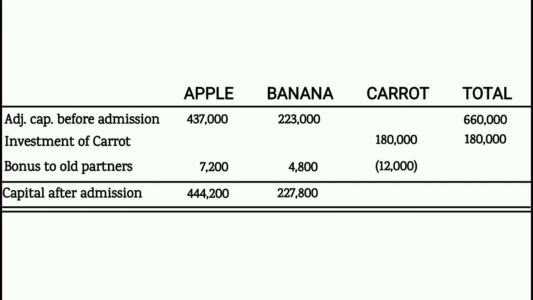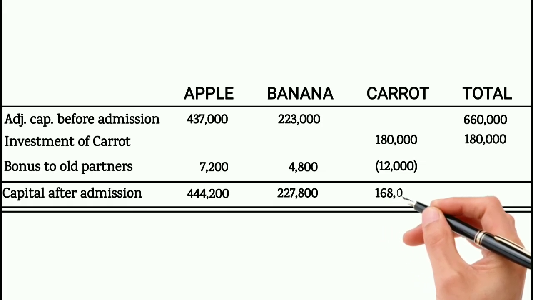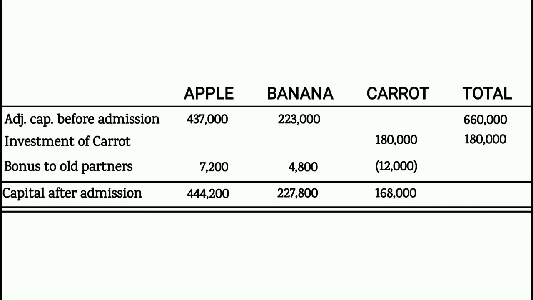And for Carrot, ang investment niya ay 180,000 pesos. I-deduct natin yung 12,000 pesos na bonus to Apple and Banana. That is equal to 168,000 pesos. All in all, the capital after admission is 840,000 pesos.